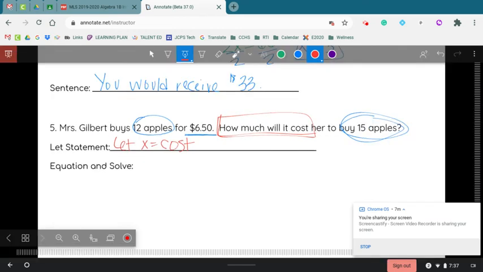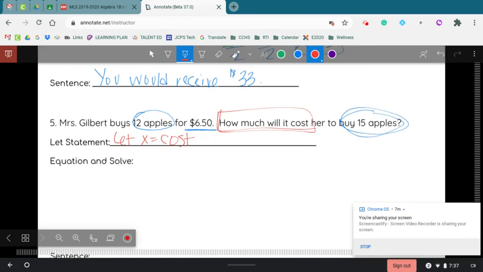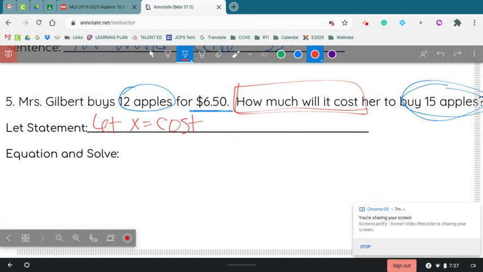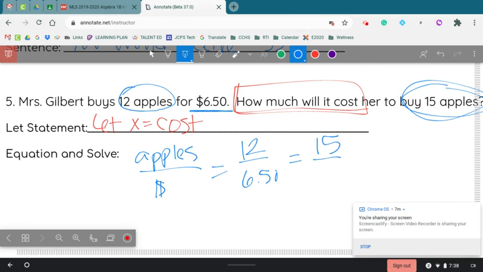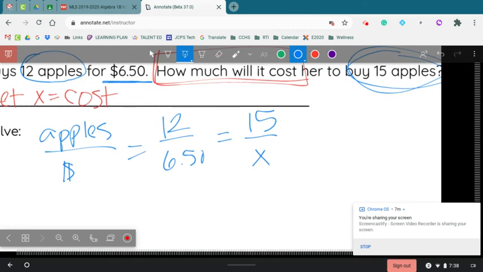Or you could say how much or how many dollars. So I'm going to have apples over cost, which is my dollars. So I get 12 apples for $6.50. And if I get 15 apples, how much is it going to cost? I'm going to put X.